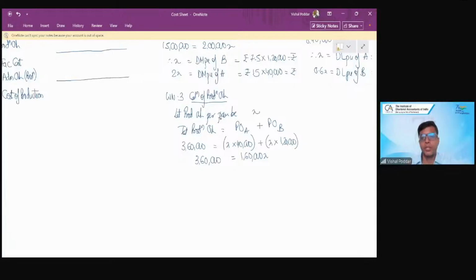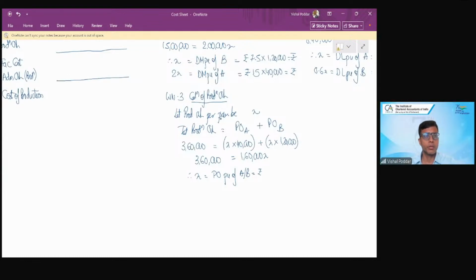So 360 is 160x. Therefore, x, which is production overheads per unit of A and B both. 16 twos are 32. 2.25. Yes, students. Is it 2.25?